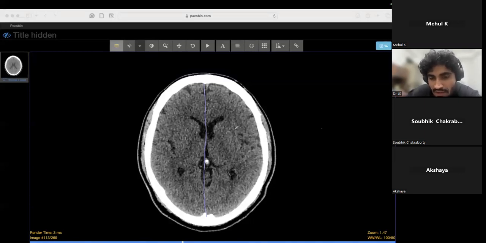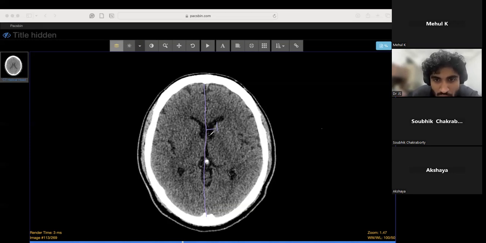If there is a mass effect, it will move, so there can be a midline shift. Because of this, there can be sideward or lateral movement of the septum pellucidum. Based on this, we draw a line and compare where the septum pellucidum is, and also measure the distance.